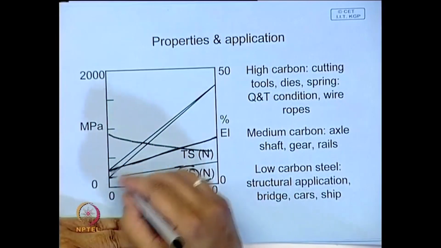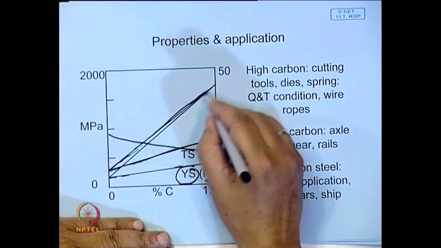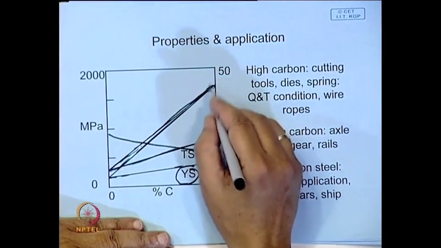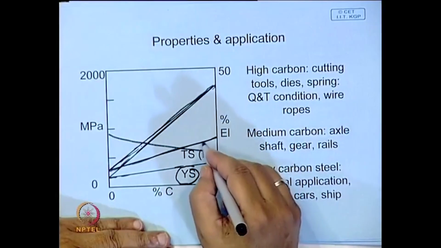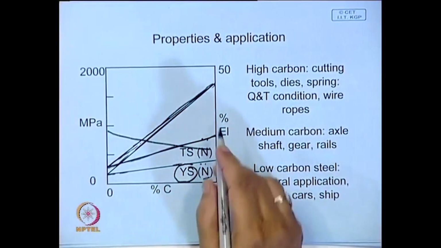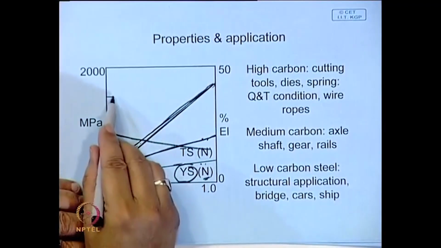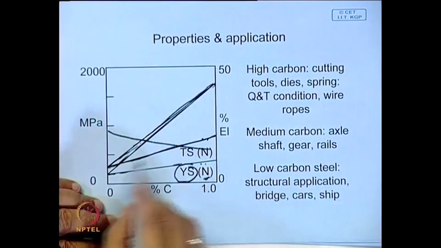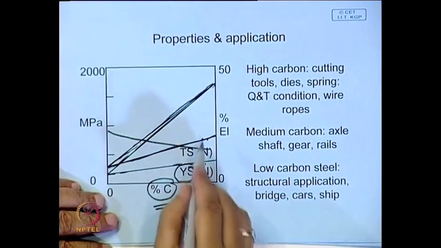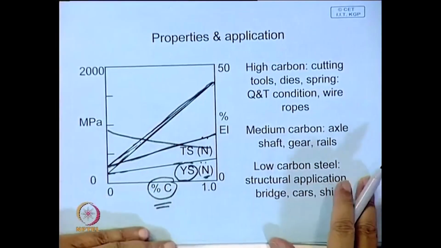But if you harden, then you can get substantially higher values. And in a hardened steel you will find the difference between tensile and yield becomes smaller, but ductility and toughness will decrease with increasing carbon content. But after hardening, if you temper, you can improve ductility and toughness.